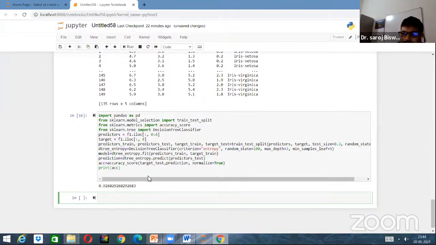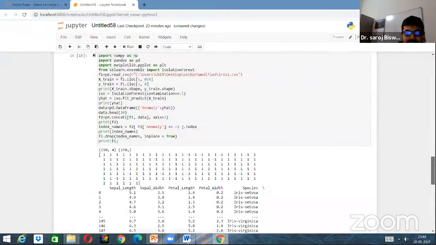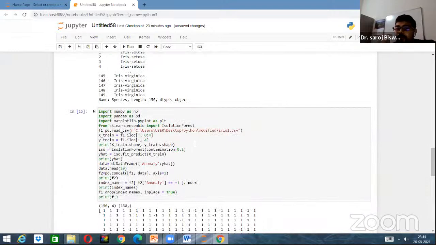Why? Because we have discarded 10%. 10% means we have treated 15 observations as outliers. But the 15 observations may not be outliers. And one thing we know in machine learning, as I already told you, is that it learns from past data or historical information. If you have a huge amount of historical information, then the generalization capability is much better, and the performance of the model becomes better.